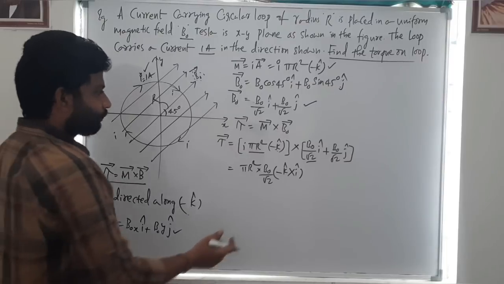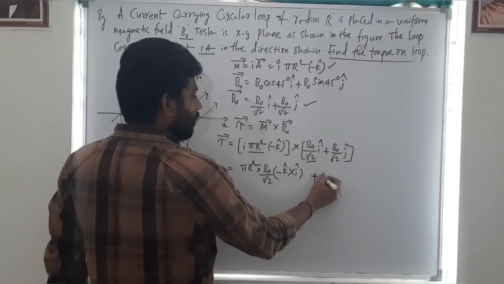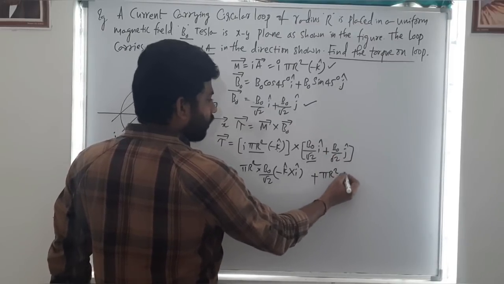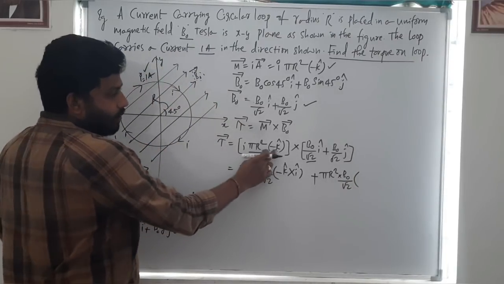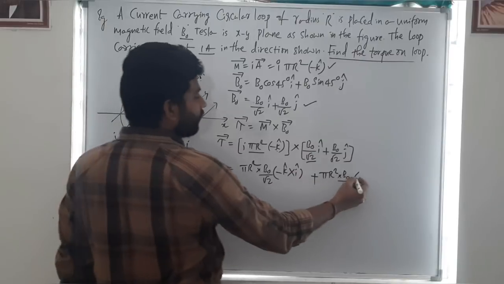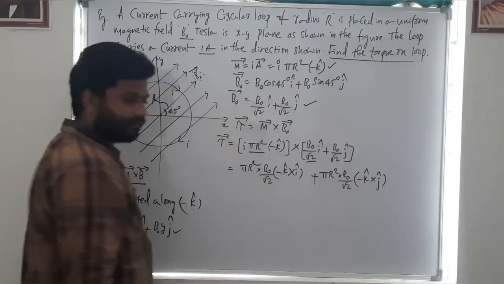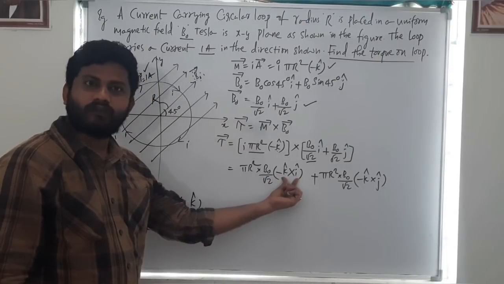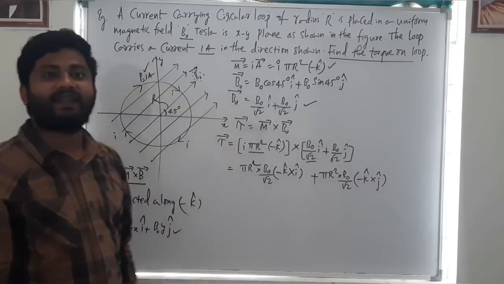Okay. Now plus again this one pi r square, again this one B naught by root 2, and what are the vectors here? Minus k cap and j cap. That's it. If you find the value of the cross product of these two unit vectors and the cross product of these two unit vectors, you will get the answer.